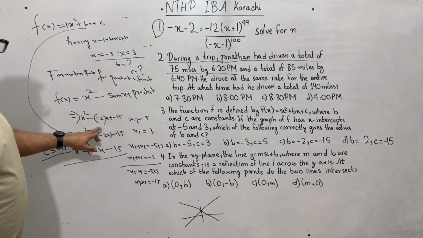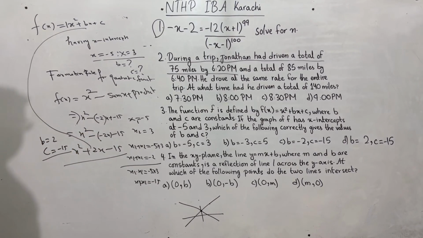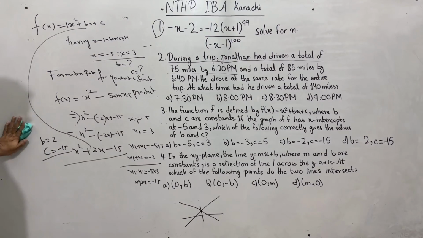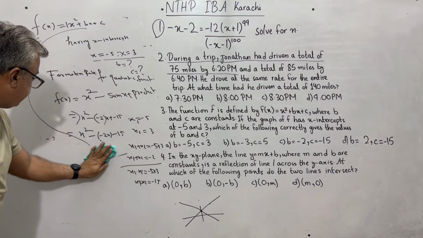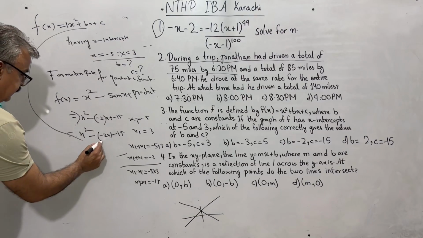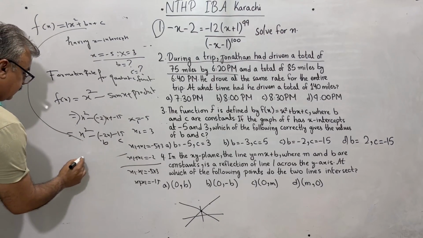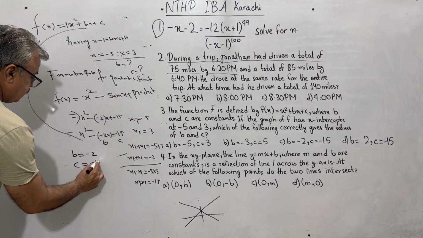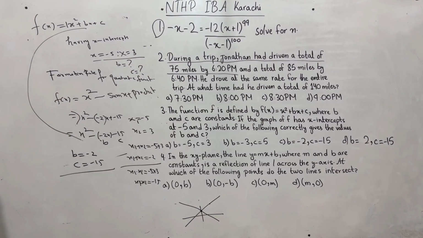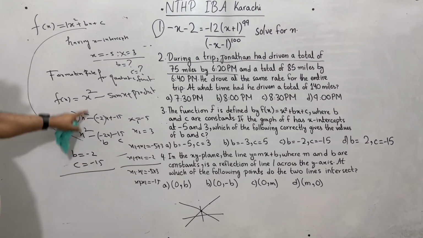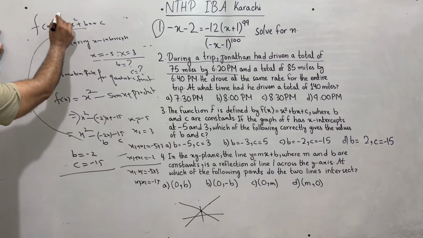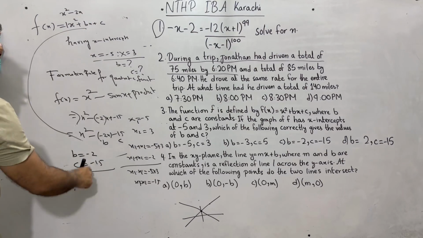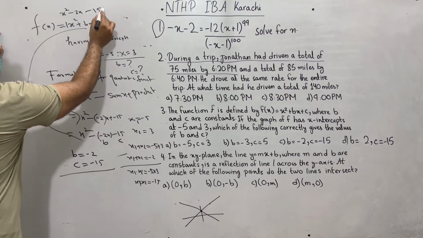If I compare with this, this is the value of b, this is the value of c. So I have b equal to -2 and c equal to -15. If I insert both of these, I arrive at x square minus 2x minus 15.